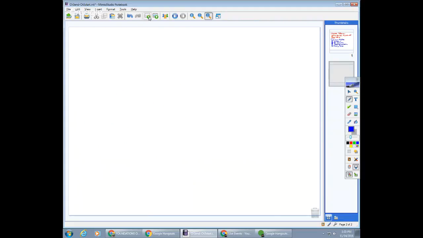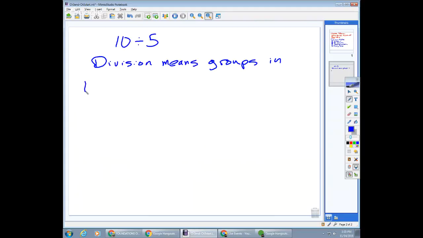So let's suppose, how about 10 divided by 5. If I state that division means groups in, then a kind of generic story problem would be: how many groups of 5 are in 10?